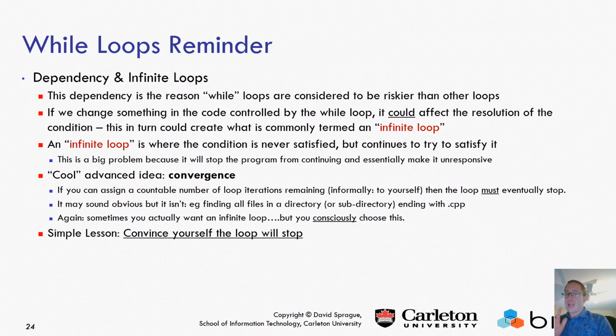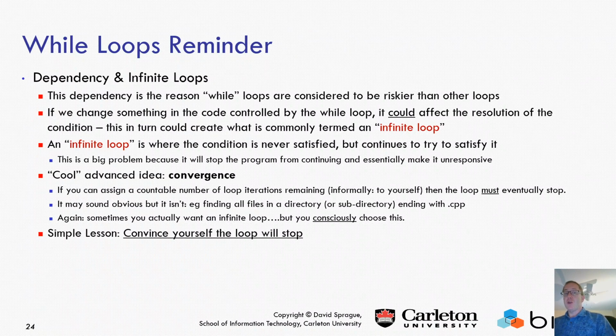But again, if you want an infinite loop, great. You should be consciously choosing to do an infinite loop. When I'm making my loops, if I'm not choosing to make an infinite loop on purpose, I'm looking at my code and figuring out, am I getting closer to my stopping condition each and every time? Every time through the loop, if I'm not guaranteed to be getting a little bit closer to my stopping condition, I have a problem.